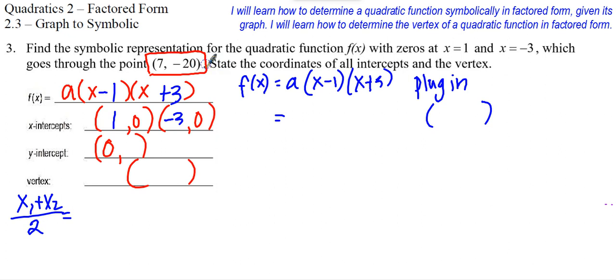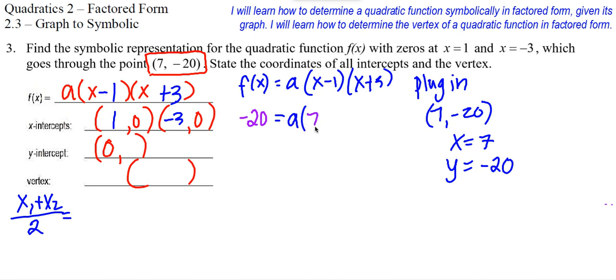The third point is (7, negative 20), where 7 is the x and negative 20 is the y. So I will put negative 20 where the y is, and plug in 7 minus 1 and 7 plus 3.